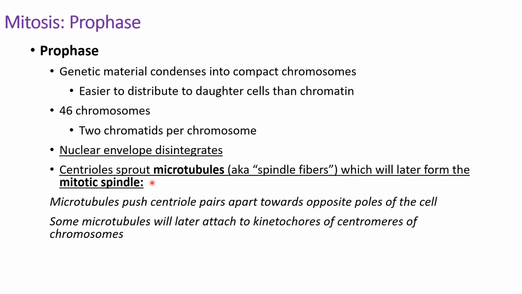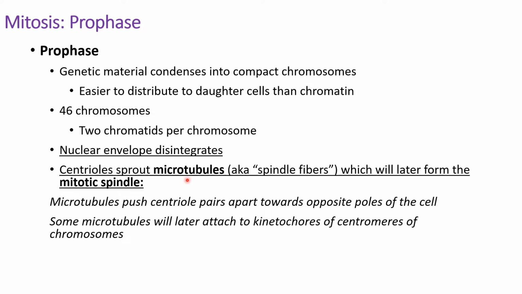We will also see during prophase that centrioles, remember centrioles, these are organelles, and here is where a big part of their function comes into play. Centrioles are going to start sprouting microtubules. You remember microtubules we talked about in chapter 3.